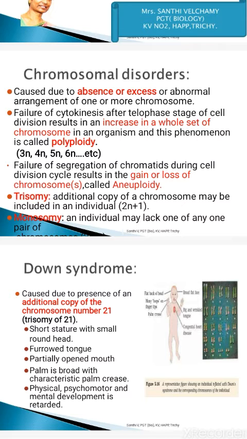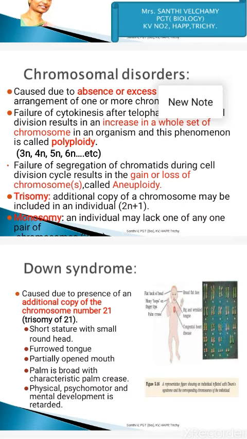So one number can increase or one number can decrease. It occurs because the number changes in a single chromosome. If it increases, you call that trisomy; if it decreases, you call that monosomy.